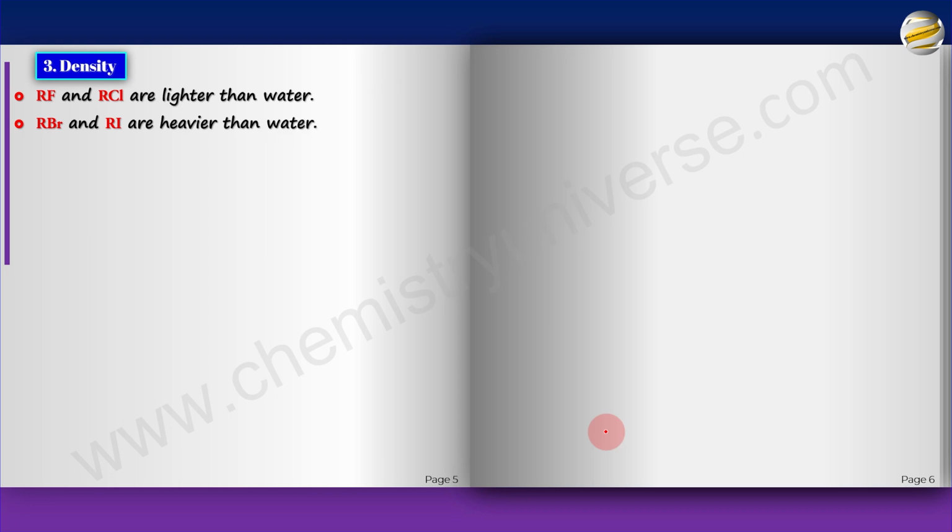Then we have density. Now RF and RCl are lighter than water, whereas RBr and RI are heavier than water. These are facts. And decreasing order of densities again, RI, RBr, RCl, RF. This is something you have to learn. And the densities also are dependent on the molecular mass.